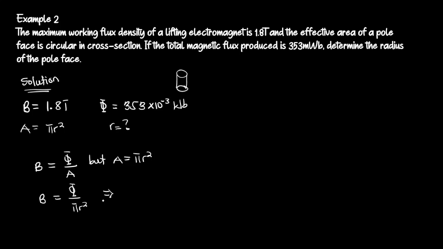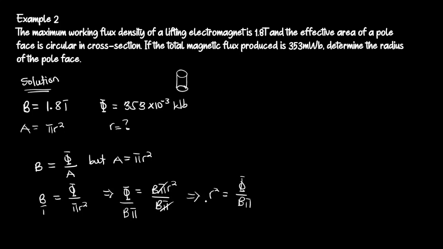Okay, so from here I cross multiply over here. My phi will be equal to B pi r square. So for me to find r square, I will divide both sides by B pi. So this will cancel this, so therefore my r square will be equal to phi over B pi.